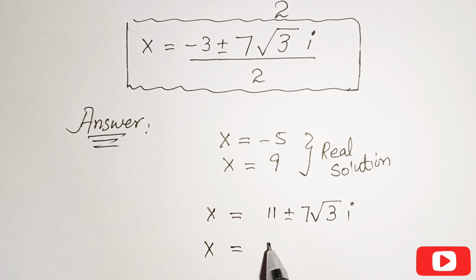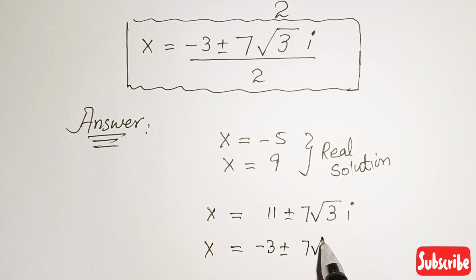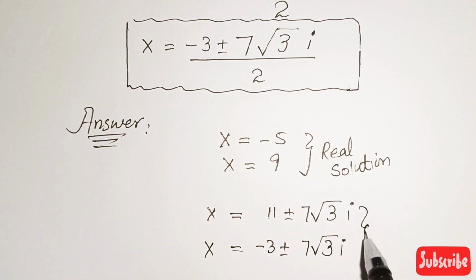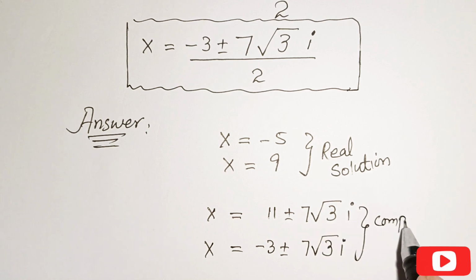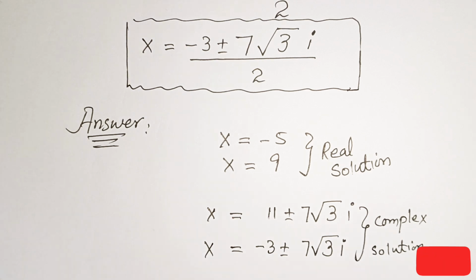Similarly x is equal to minus 3 plus minus 7 times square root of 3 i. These are our two complex solutions. So it is our final answer.